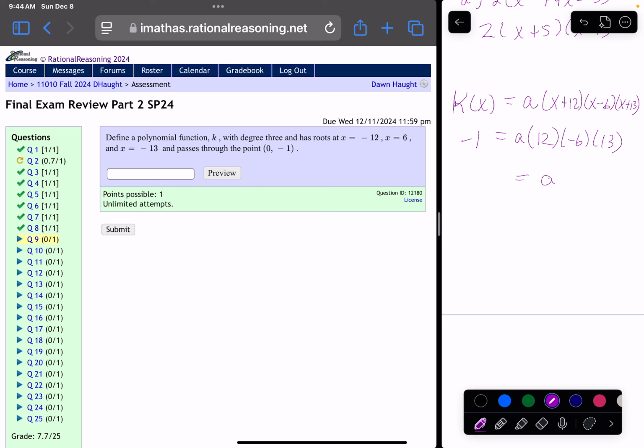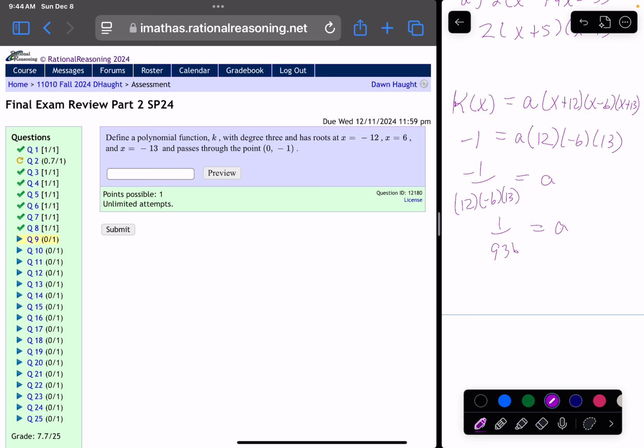So a is just negative 1 divided by 12, divided by negative 6, divided by 13. So the two negatives make a positive. 12 times 6 times 13 is 936.